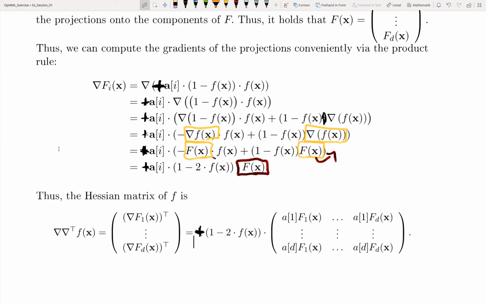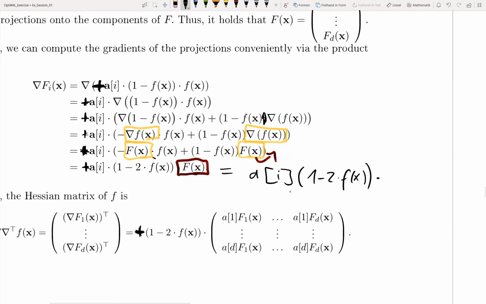What's nice about this expression, if you write it out, is a i times 1 minus 2 times f of x times f of x times 1 minus f of x.